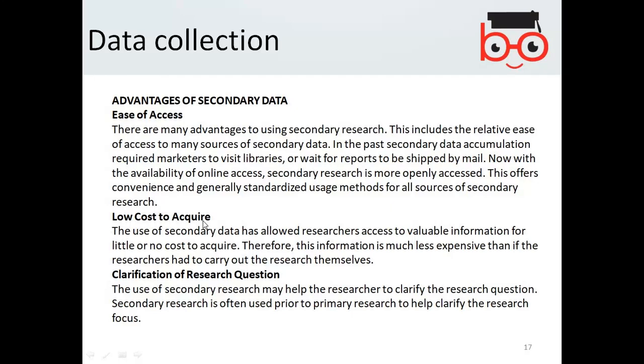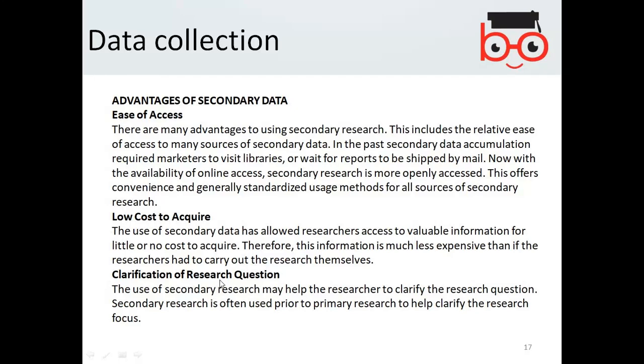Obviously, you are not paying anything for the secondary data, but possibly you might need some subscriptions for particular research articles or journals. But still, in order to carry out your own research, you are getting data on a particular topic at a low cost.